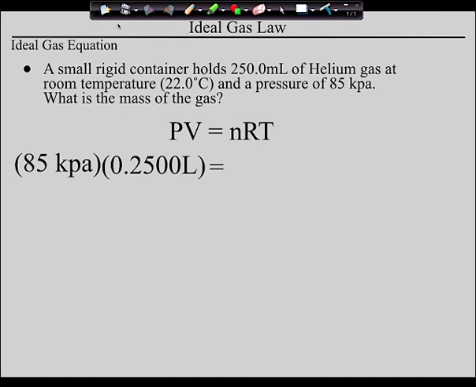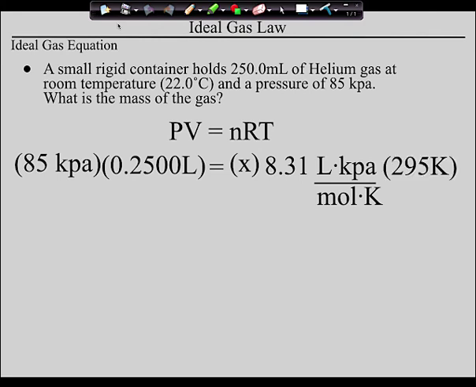Then guys, are we all okay with the idea that our variable that we're solving for is moles? And then we'll convert that into mass. So that's our x. Then guys, again, you don't have to memorize R. It's 8.31. You also don't have to put units on it. And then guys, our temperature is not 22 degrees Celsius. Add 273 and it's 295 Kelvin.